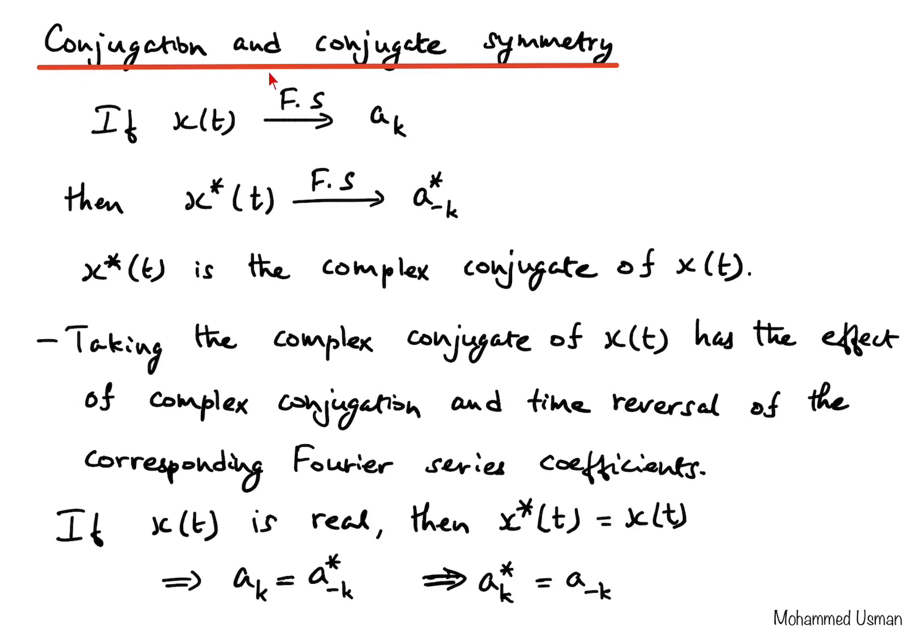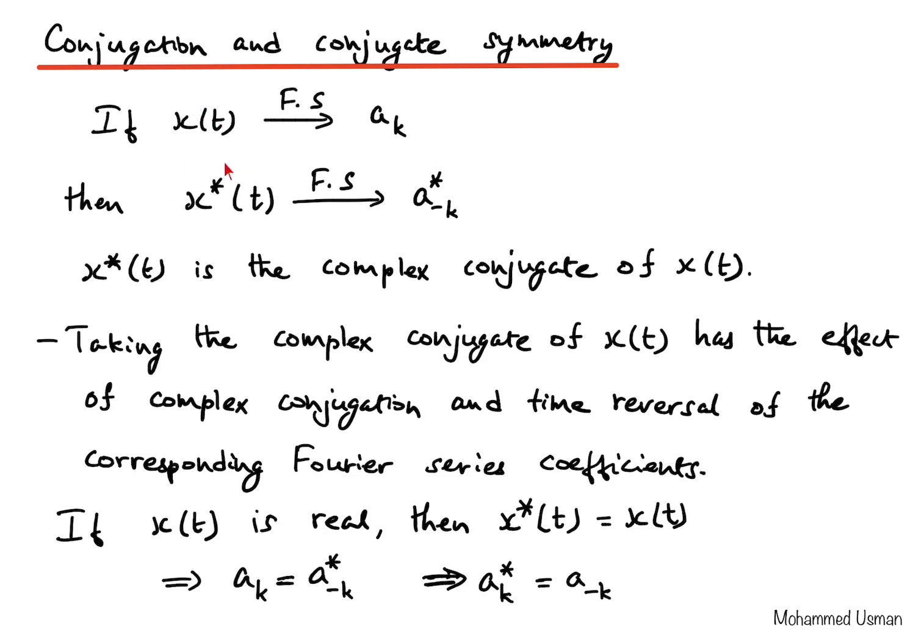The next property is what we call the conjugation and conjugate symmetry property of the Fourier series. Again, if we have a signal x of t with Fourier series coefficients ak, then what will be the Fourier series coefficients of the complex conjugate of x of t?